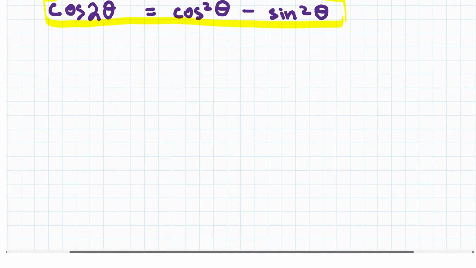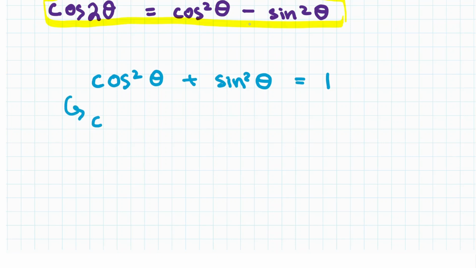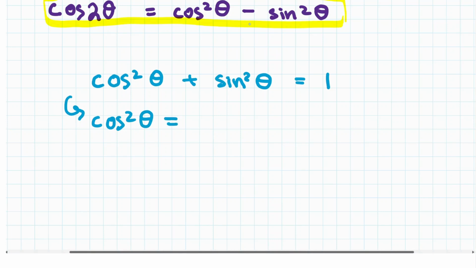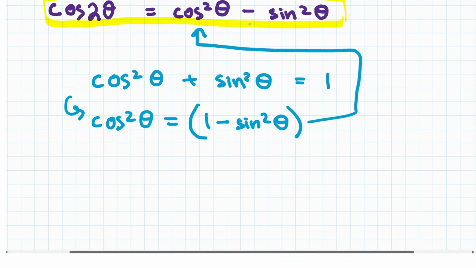As an intermediary here, I'm going to remind us of Pythagoras' identity. This is derived from Pythagoras' theorem, and this tells us that cos squared theta plus sine squared theta equals 1. So we can rewrite this in the following way. We can say then that cos squared theta equals 1 minus sine squared theta. Okay, so what if we now take this and substitute it into our cos squared theta over there?